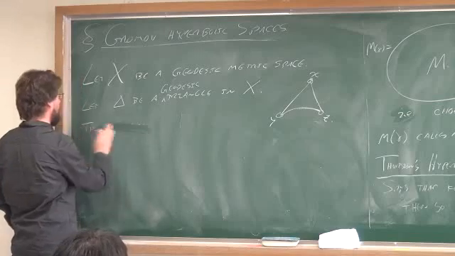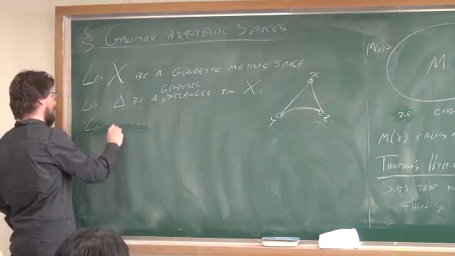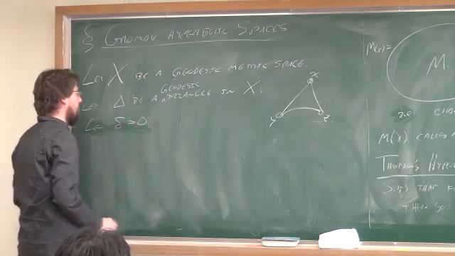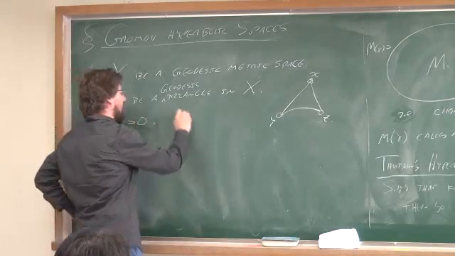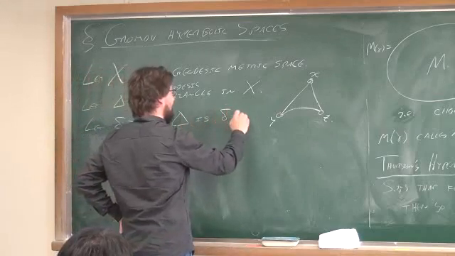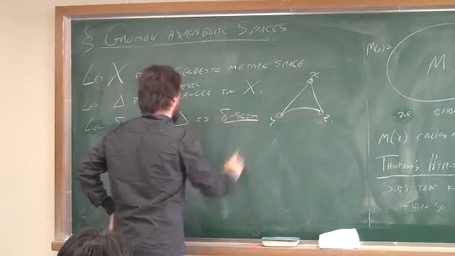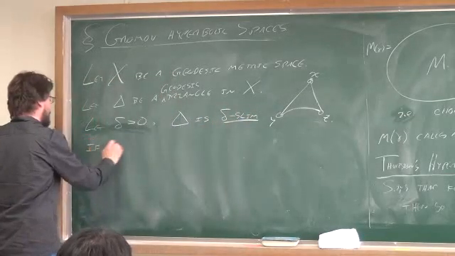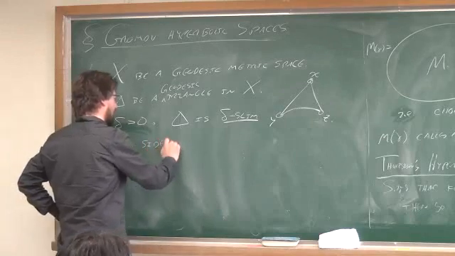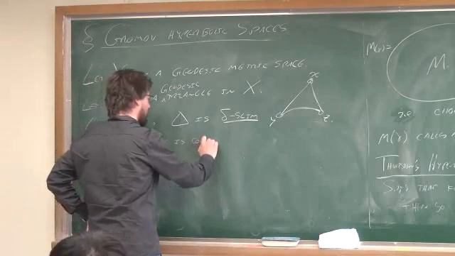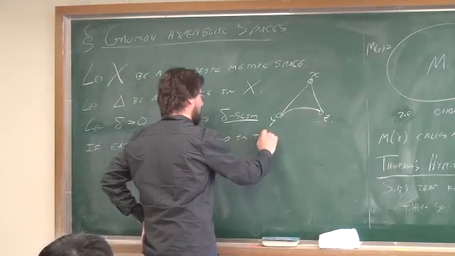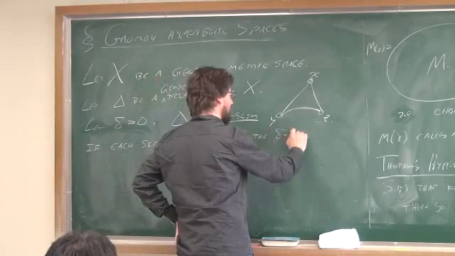We're going to let delta be a positive number, or I guess it could be 0. We'll say it's positive. Then capital Delta is little delta slim if each side is contained in the delta neighborhood of the union of the other two sides.